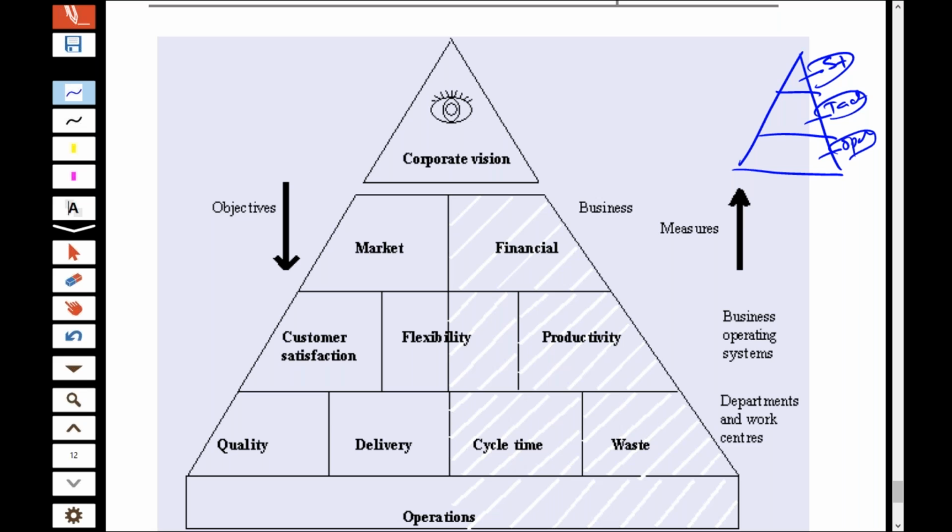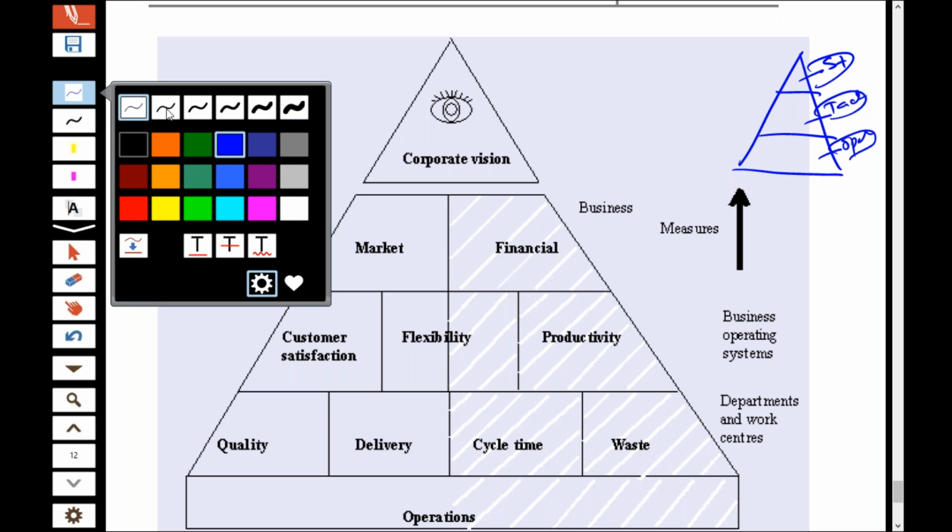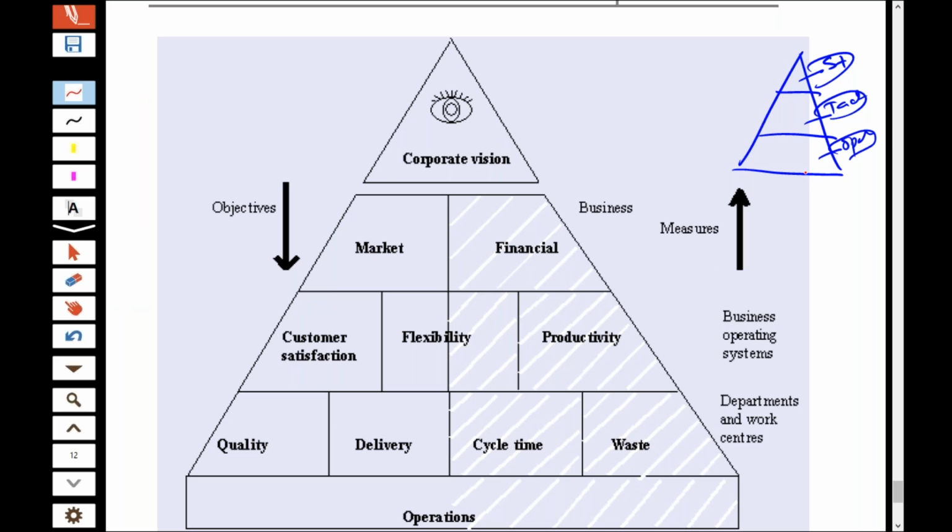The work that is performed at each of these levels is different.